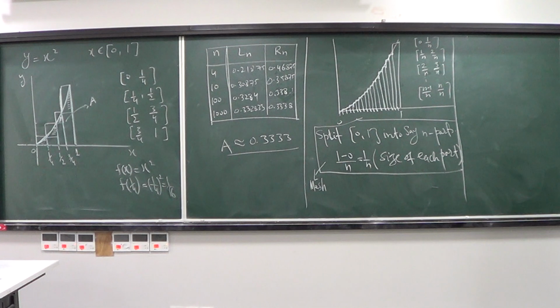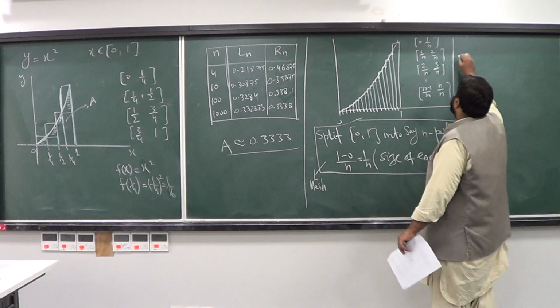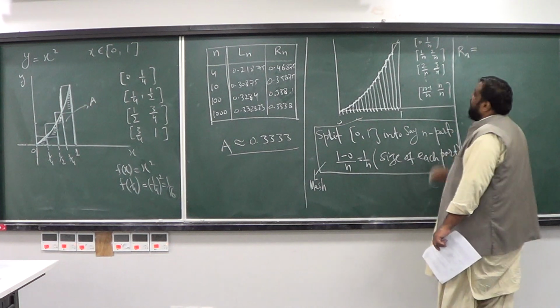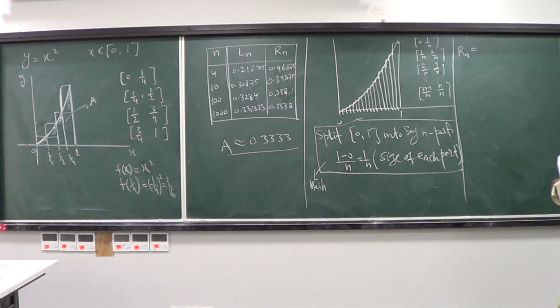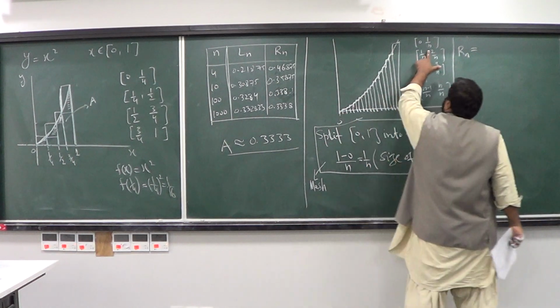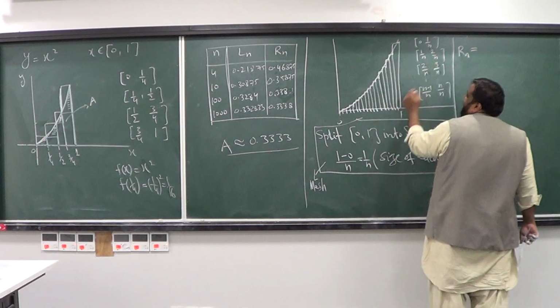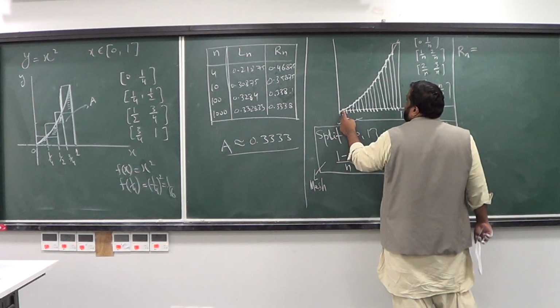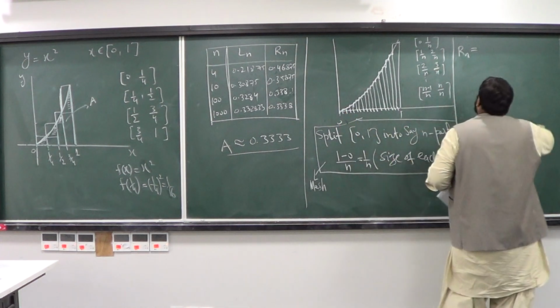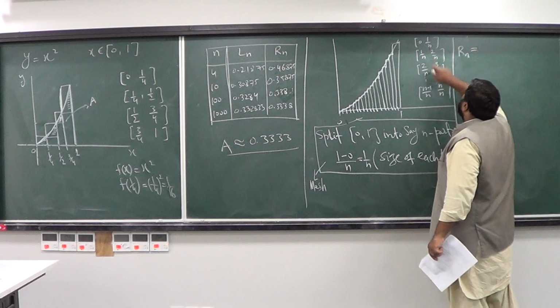So what was the recipe? The recipe for creating the Rn was, in each subinterval, take the right end point, compute the height of the function at the right end point, and make the rectangle out of it. So the first right end point is 1 over n.